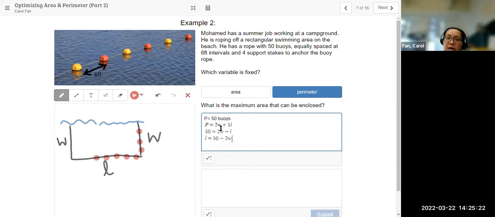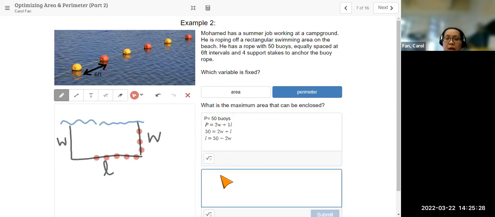Okay, I need to combine this equation with the area equation so I can find the maximum. Area is equal to length times width. But once again, because length times width is kind of unknown, I have to use this relationship. And this is why I rearranged it so that I can express it as just one variable.